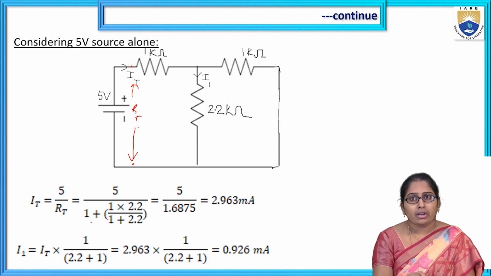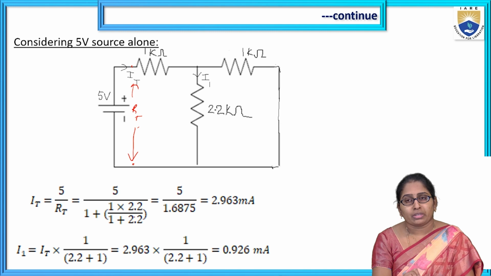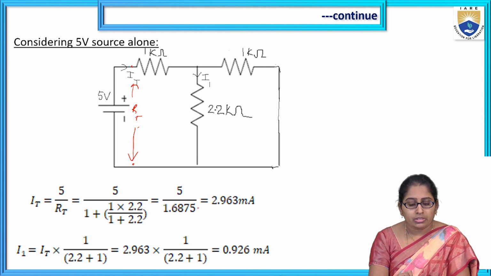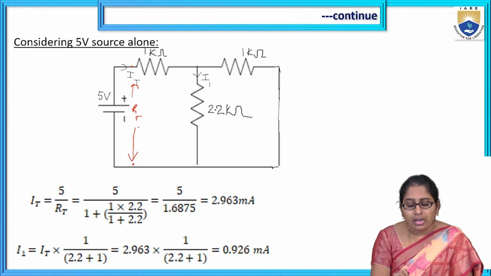So RT is 1 plus the parallel combination of 1 and 2.2. Finally, IT gives us 2.963 milliamperes.